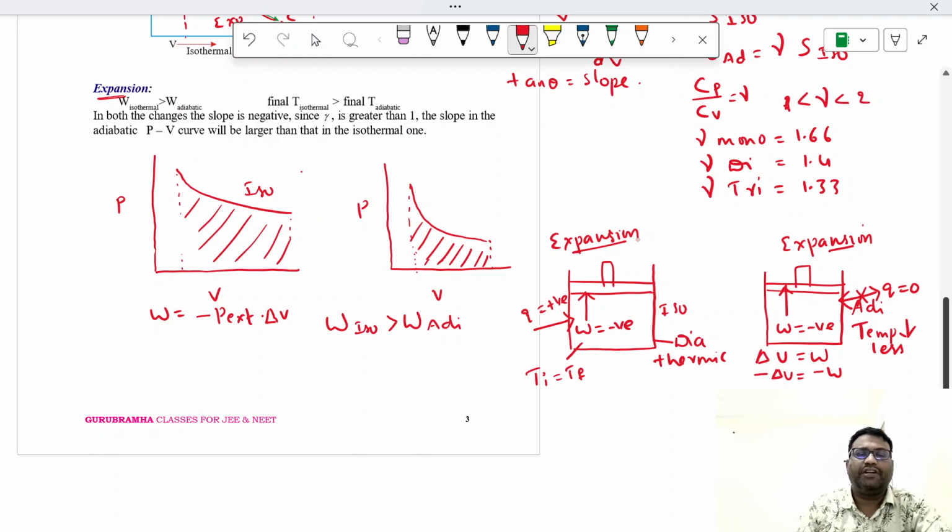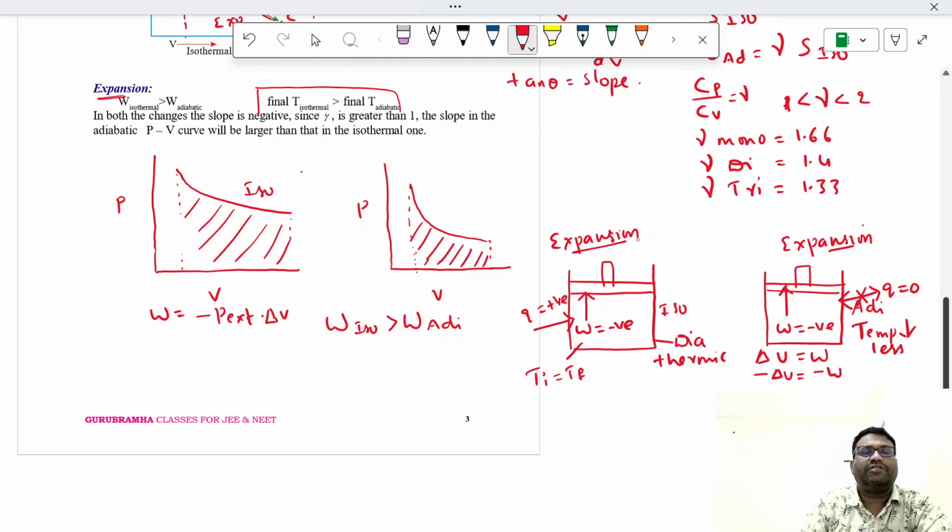So here the initial temperature is equal to final temperature. But in the adiabatic process, as heat is not absorbed, for doing whatever work it is doing, it has absorbed energy from the gas. So temperature is decreasing. That means the final temperature in the isothermal process will be greater than the final temperature in the adiabatic process.